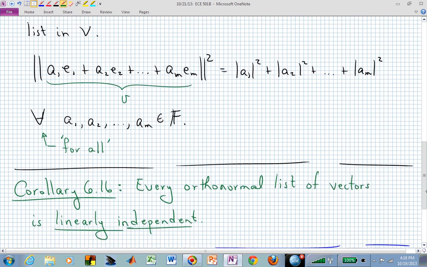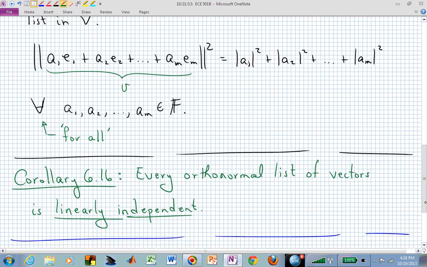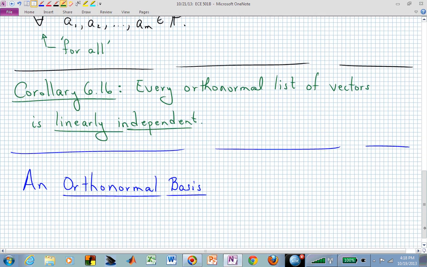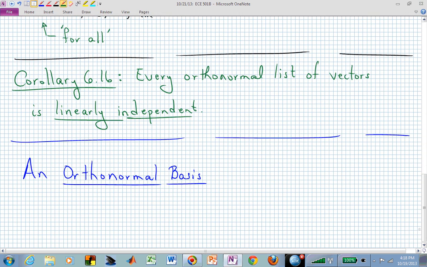Now that we have a list that's linearly independent and orthogonal, it's begging us to extend that list from, let's say, m to the length of the underlying dimension of our vector space, which we might say is little n.